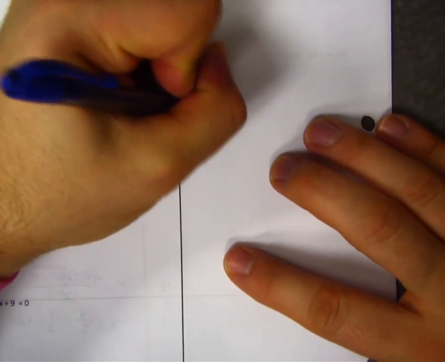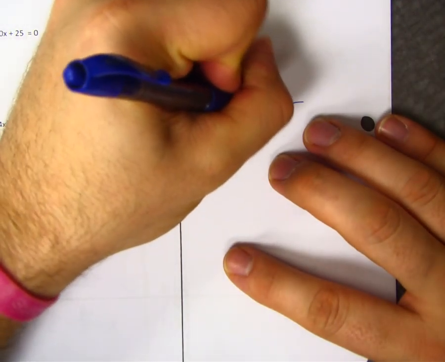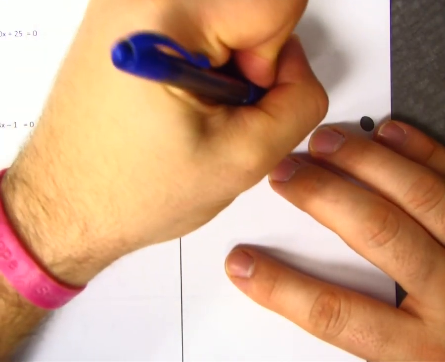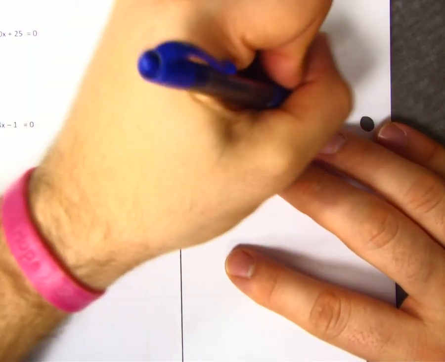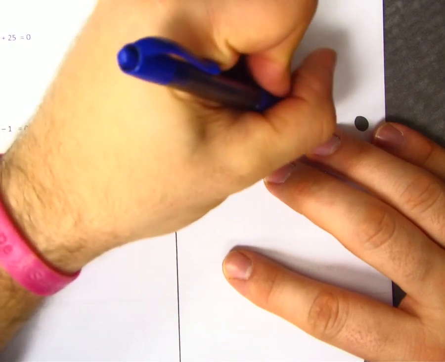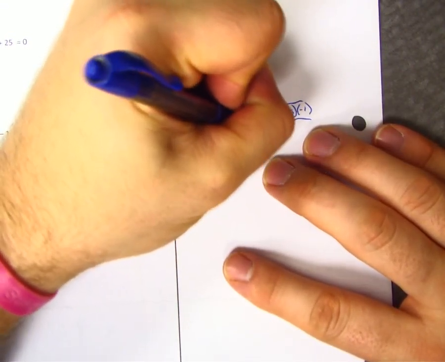Right? The opposite of negative 4 is positive 4. Right? And then negative 4 squared minus 4 times A, which is 10, times C, which is negative 1, right? All over 2 times A, which is 10.